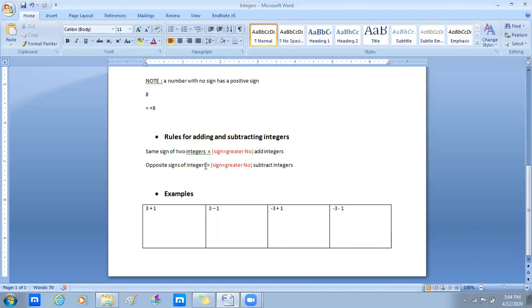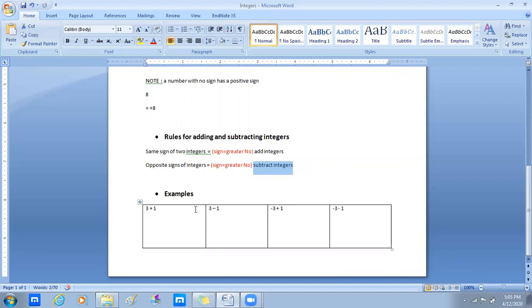While if we have two integers with the opposite sign, that is, if one number has a plus sign while the other has a minus sign, we will subtract the integers. And in both cases, the sign of the answer will be the one associated with the greater number.